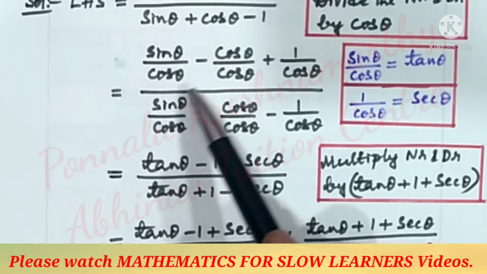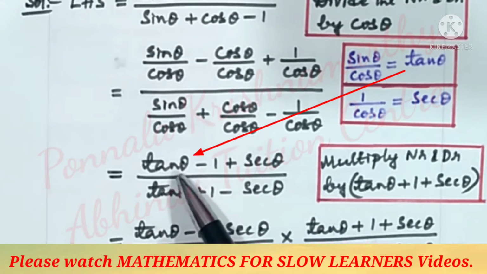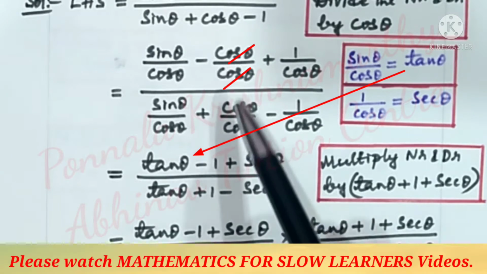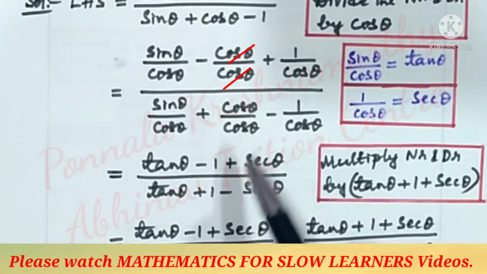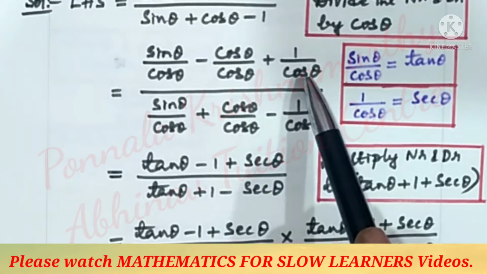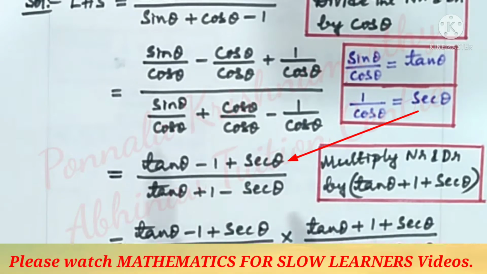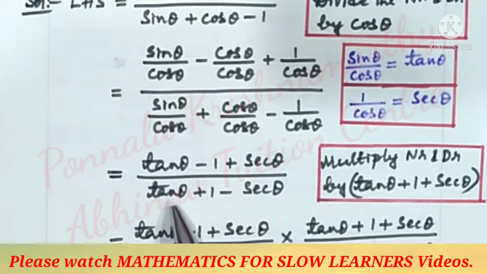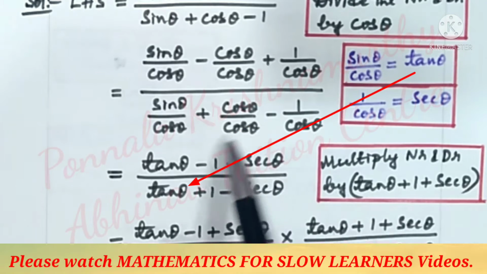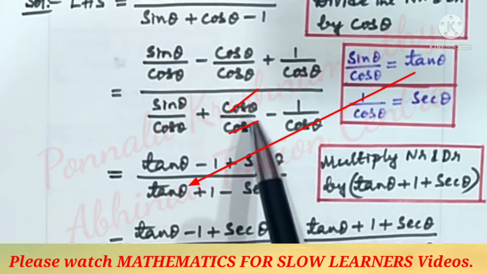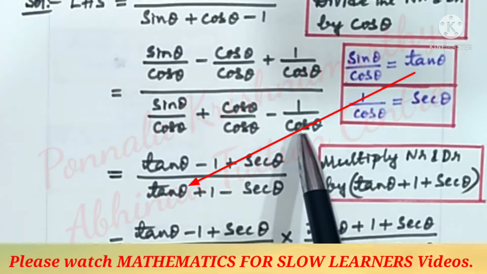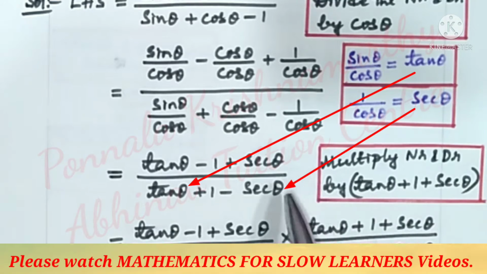So sin theta by cos theta becomes tan theta minus cos theta and cos theta are cancelled, so it becomes 1 plus 1 by cos theta, which is nothing but secant theta, by, here also sin theta by cos theta is tan theta plus cos theta and cos theta are cancelled, so we have 1 here minus 1 by cos theta, which is nothing but secant theta, so here we have secant theta.